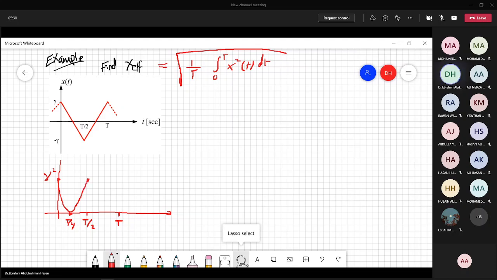Similarly here, again at 3T over 4 it is equal to 0, and at T it is equal to gamma square. Okay, this is the first step.